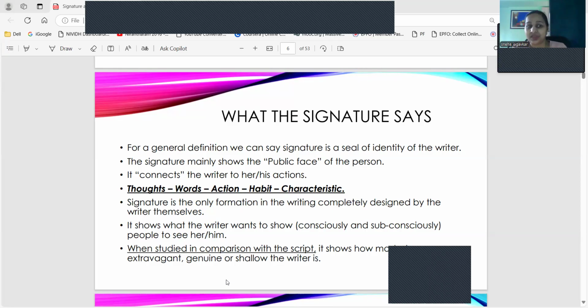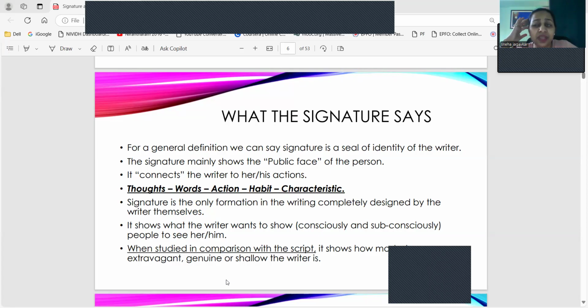So, as I've earlier said, whenever you are taking a signature sample, do not take just the signature. You should always have an A4 size blank sheet, and let the person write content on any basic topic. We need not let them know the topic.